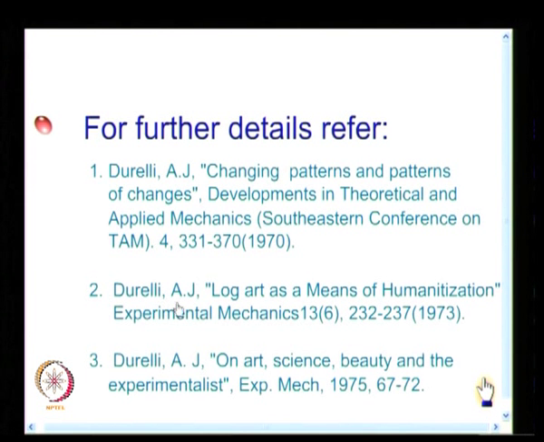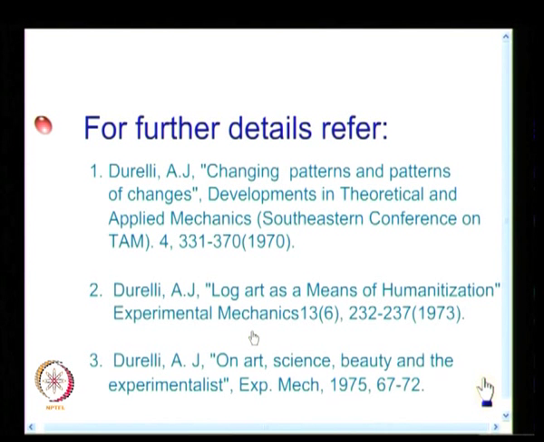So, write down Experimental Mechanics and the page numbers and the year. You do not have to write the title of the article, you can easily search it based on the reference. There is another paper in Experimental Mechanics on art, science, beauty and the experimentalist.